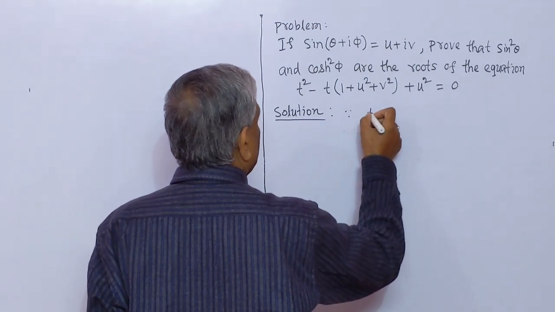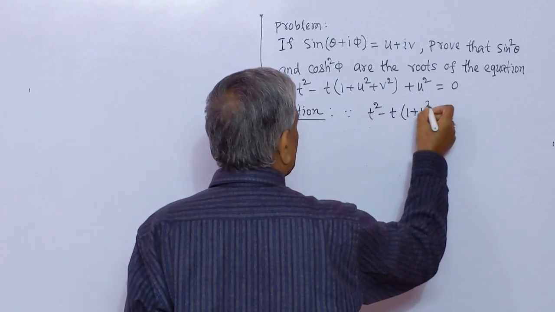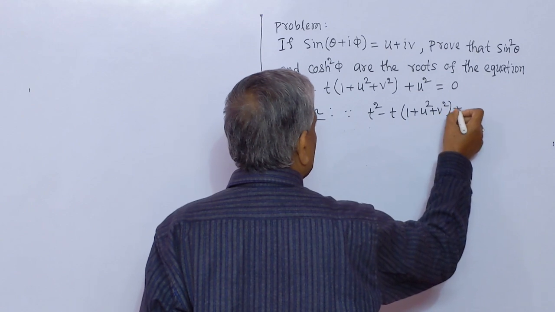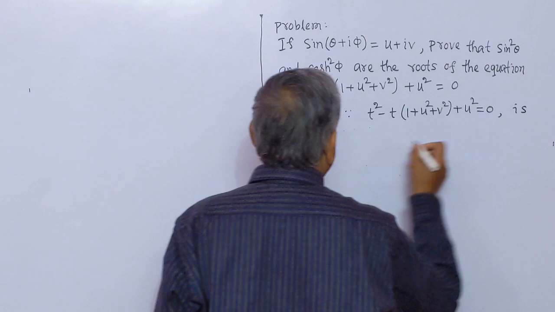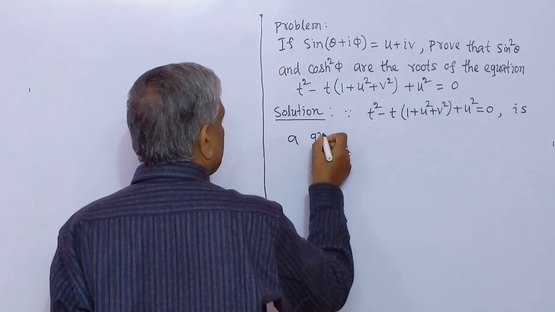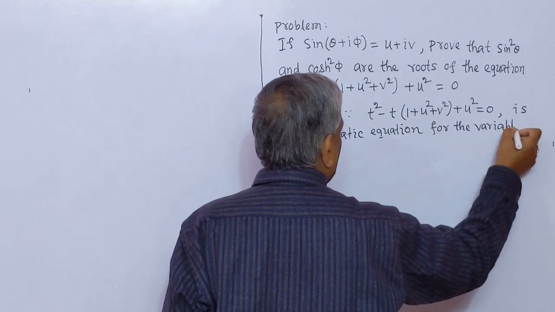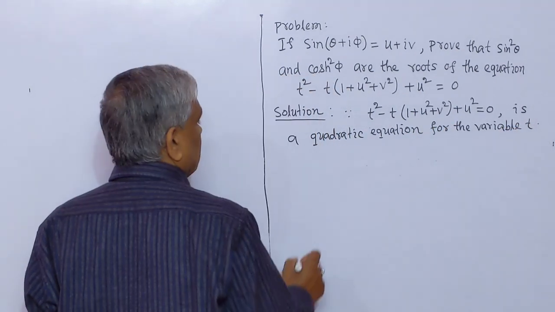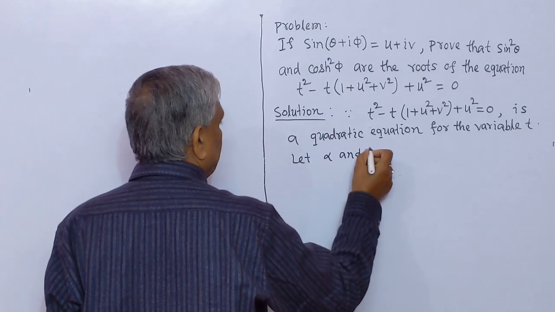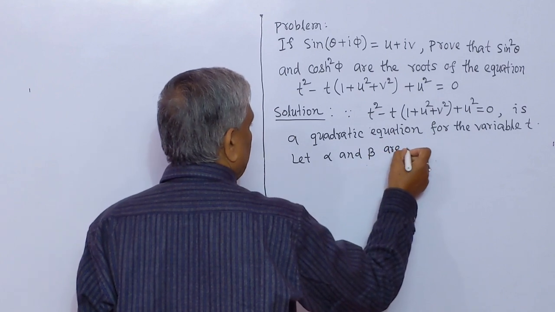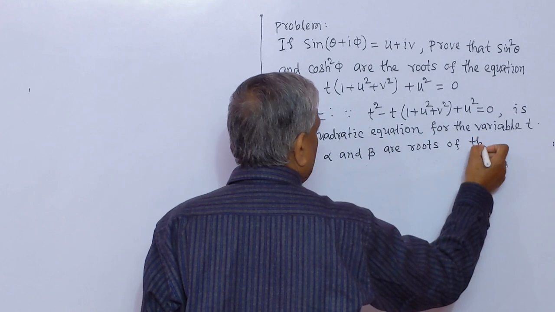Since this is a quadratic equation for the variable t, let alpha and beta be roots of this equation.